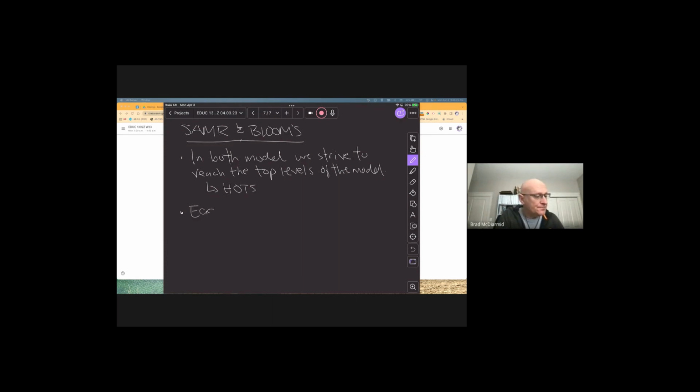Each approach outlines a clear set of steps, right? And when we talk about these steps, this hierarchy, that help guide the introduction of technology into the classroom.